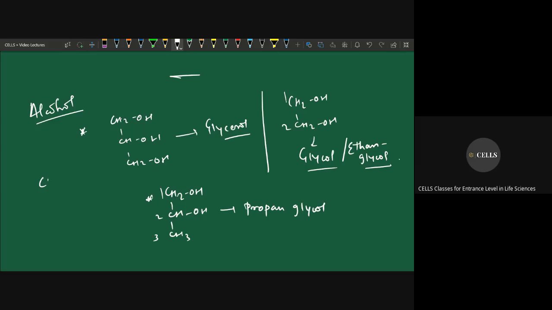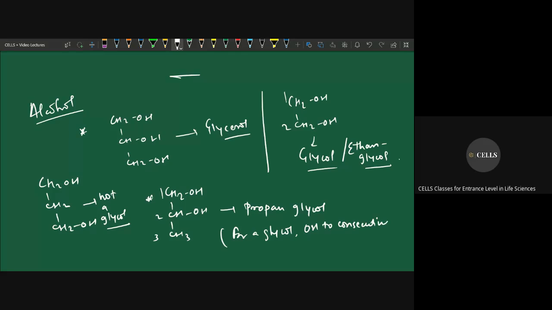But CH2OH, CH2, CH2OH is not a glycol. So for a glycol, OH on consecutive carbons is important. It is needed.